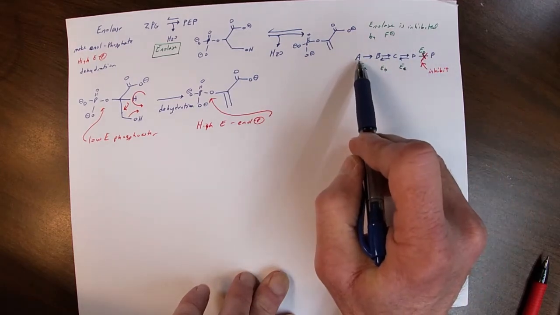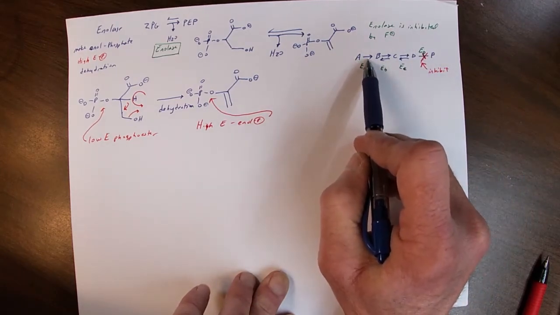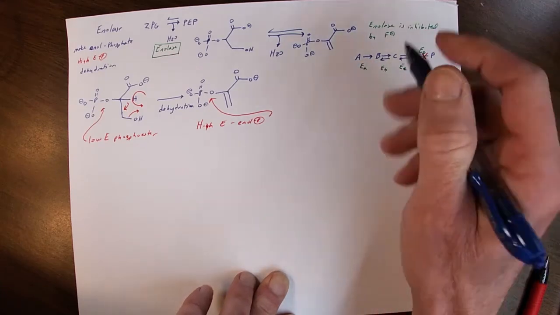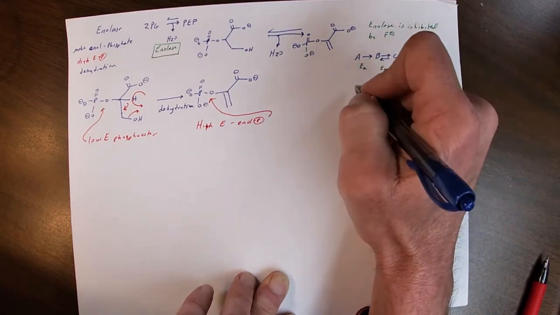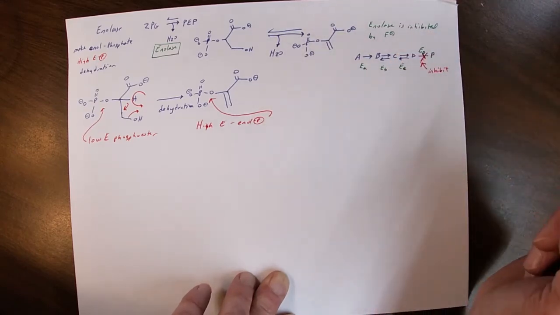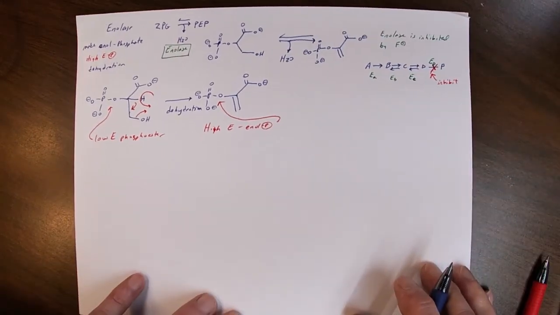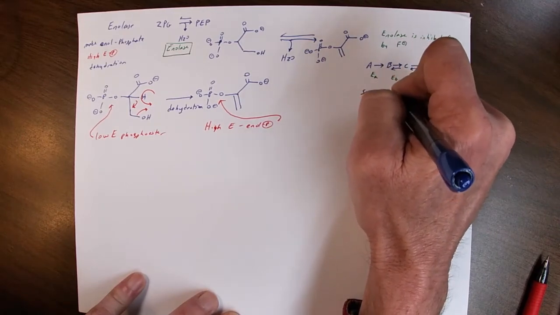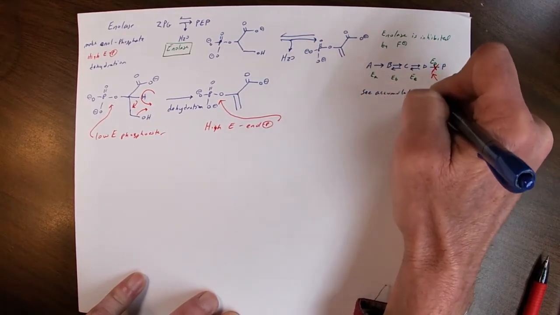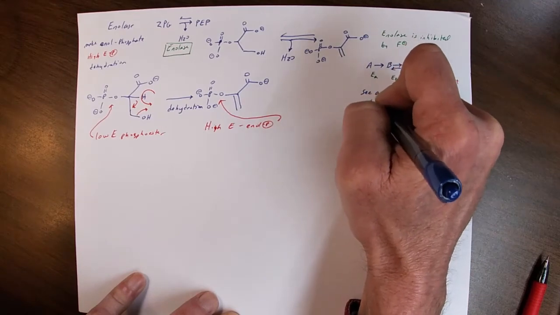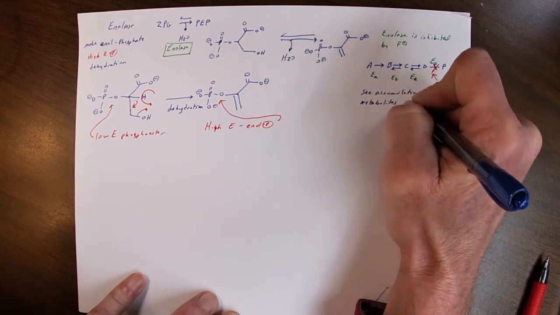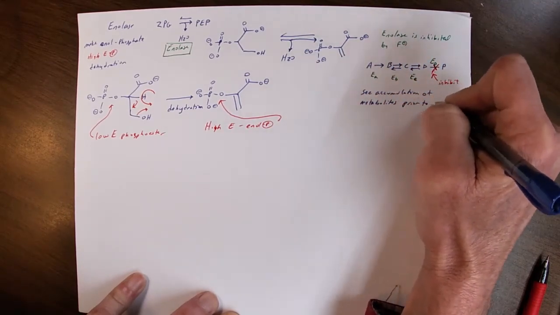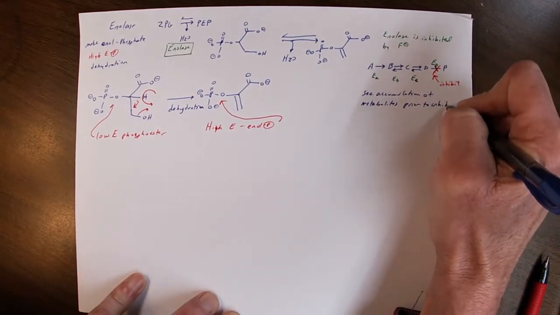The concentration of A would not accumulate because that's an irreversible step. So if you inhibit this particular enzyme, you see an accumulation of the metabolites prior to the inhibition step.